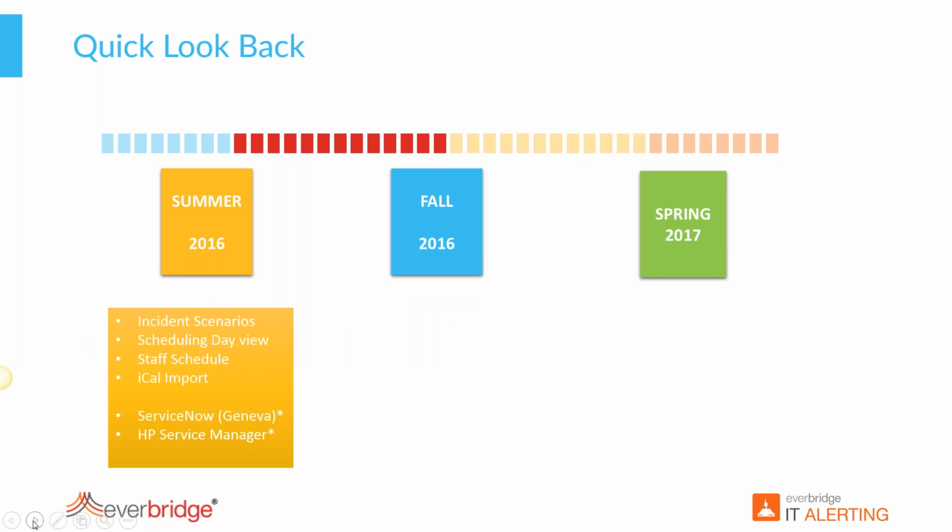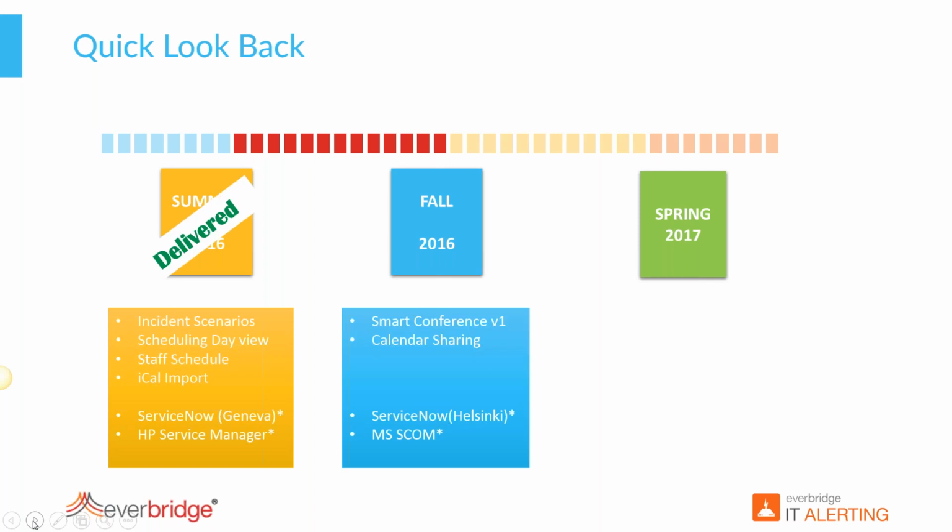Just so you know, in the summer release 2016, we came up with incident scenarios, the ability to trigger multiple incidents at the same time and send different messages to different audiences. The iCal import was also a big feature for importing calendars from other sources. In the fall release, we introduced Smart Conference version 1.